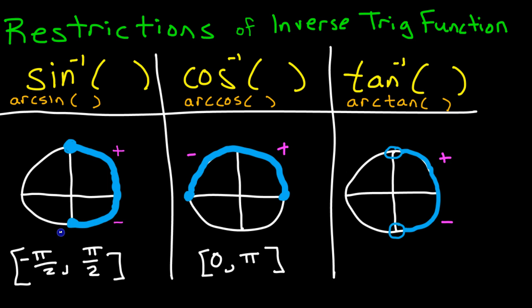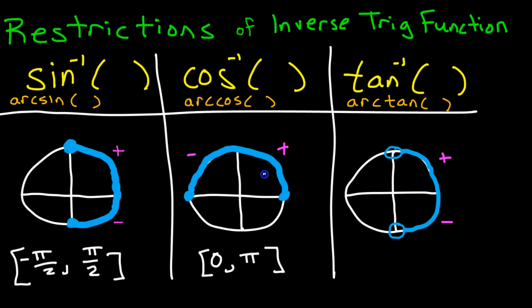Notice in both of these cases, by making the inverse sine defined for the right side of the unit circle, we're capturing the negative and the positive values for sine. Think about the way that the y values are positive high and negative low. That'll help you remember that it's this side of the unit circle. If you made a mistake and you looked at the top half of the unit circle, it would be all positive up there.